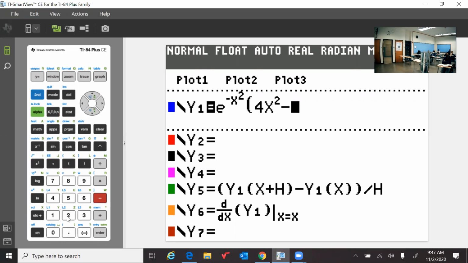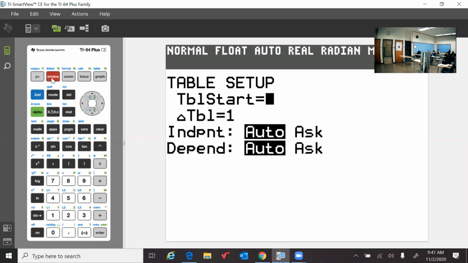This is the second derivative of the parent graph. So I'm going to start at -8/10 because I saw what the value was last time, and make the delta table 1/10.